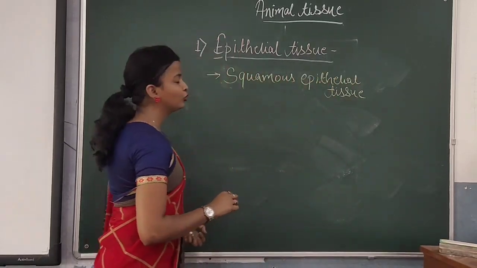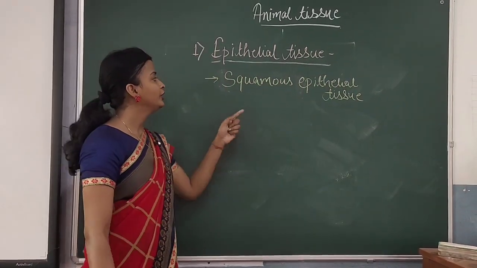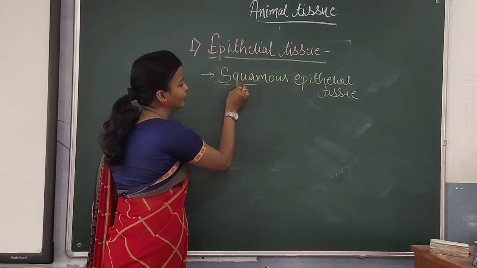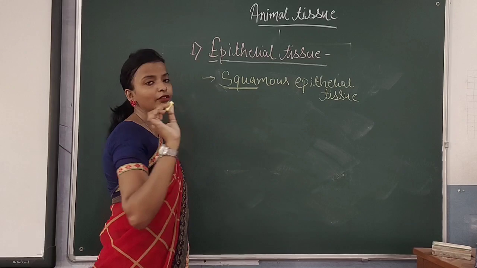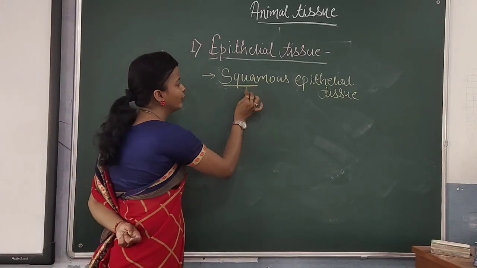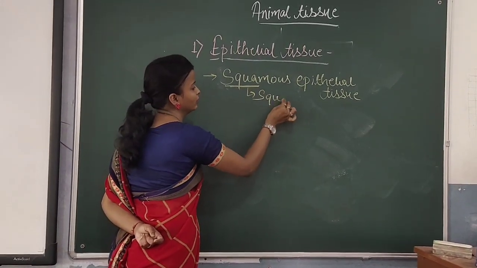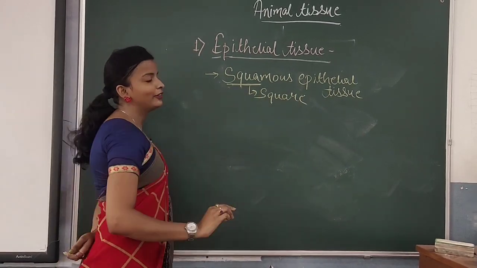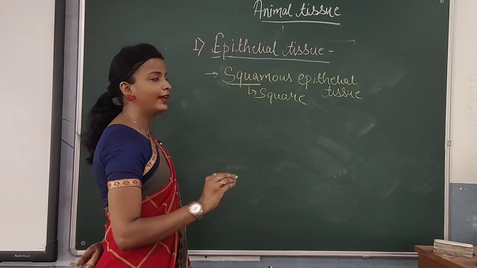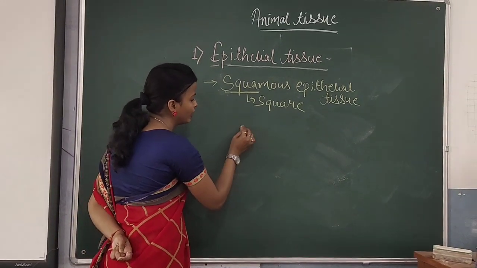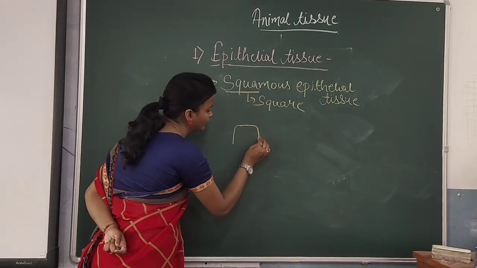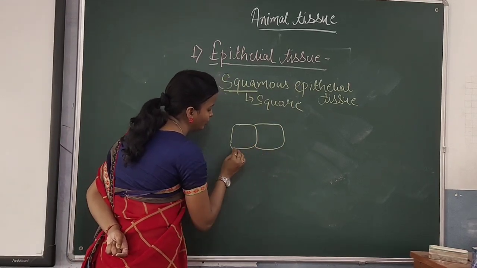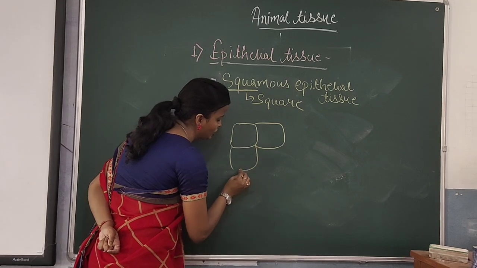Now when we talk about the squamous epithelial tissue, what is the first thing that will come into your mind when you see squamous? The word square. So the structure of the squamous epithelial tissue is somewhat square in shape.